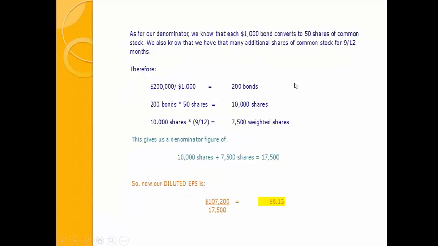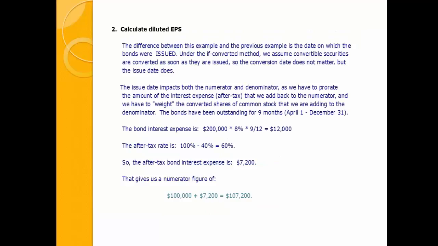So let's look at the numerator here. The bond expense is $200,000 times 8%. But you notice here that we are multiplying this by 9 divided by 12. So what we're saying is that 9 out of the 12 months is the only net effect. The after-tax effect is 60%.